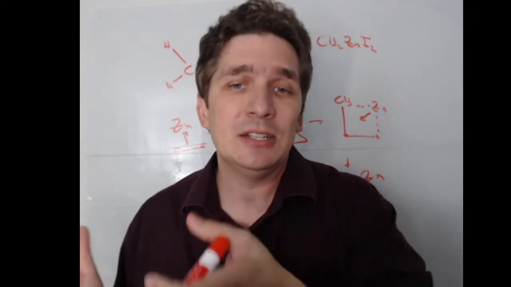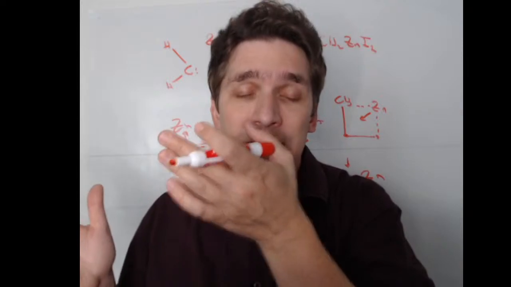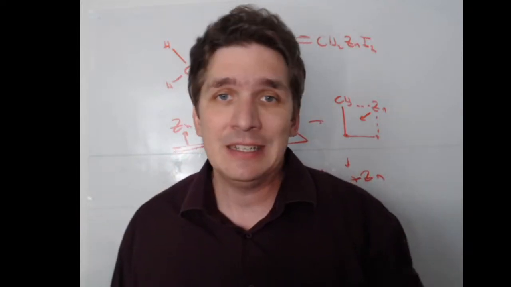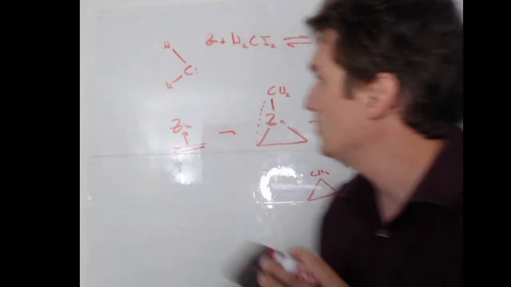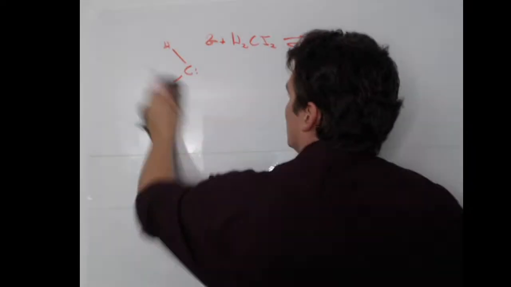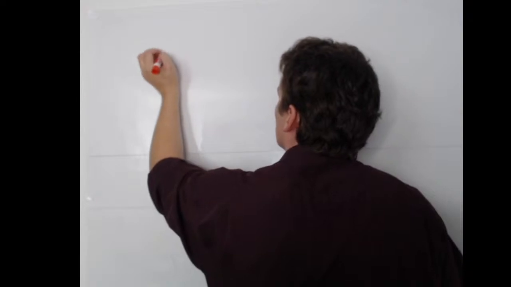When you really get down to it, knowing this mechanism is not doing you any good, because there's no way it's predicting anything you didn't already know. Overall, what happens when we have zinc and diiodomethane?